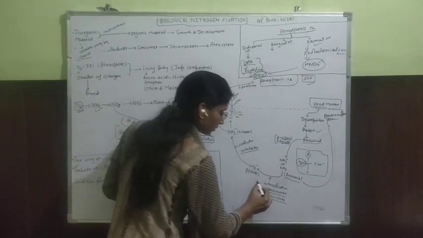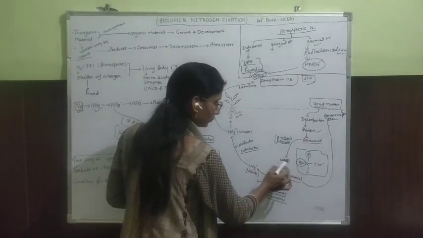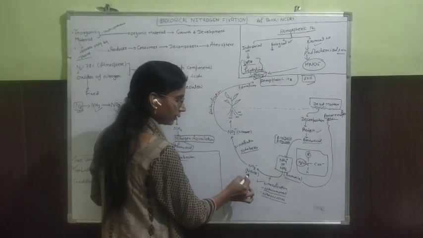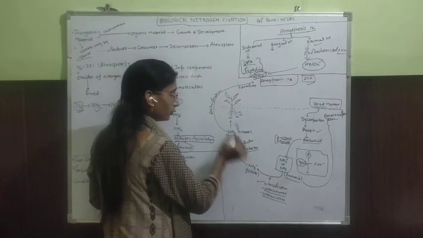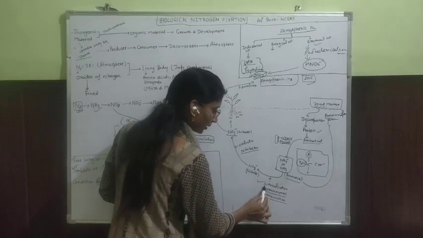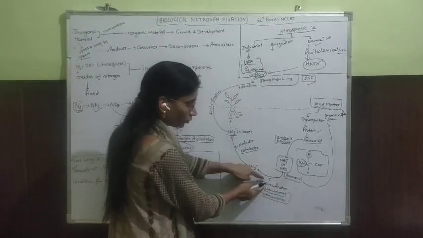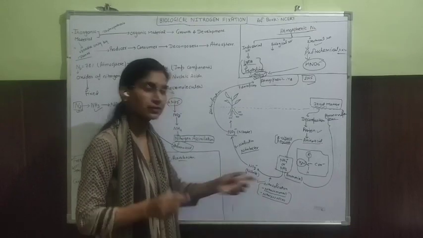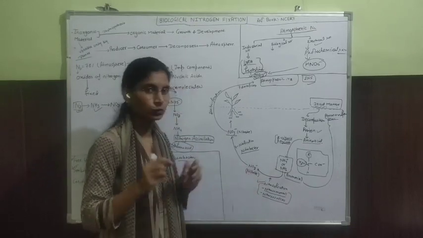Now the next process is nitrosification. What happens after this? The ammonia gets converted into nitrite, and the nitrite is converted into nitrate. This process is called nitrosification. The bacteria which help in this are Nitrosomonas and Nitrosococcus.